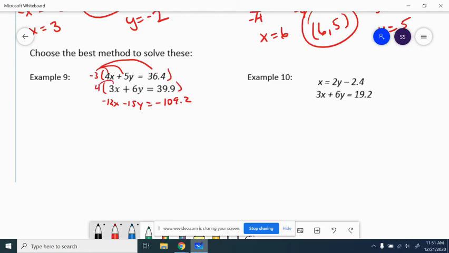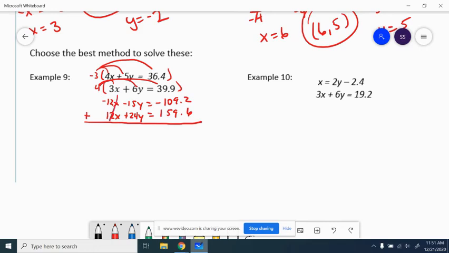Positive 4 times 3x is 12x. 4 times 6y is 24y. And 4 times 39.9 is 159.6.